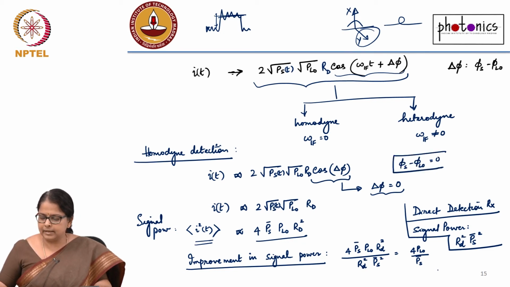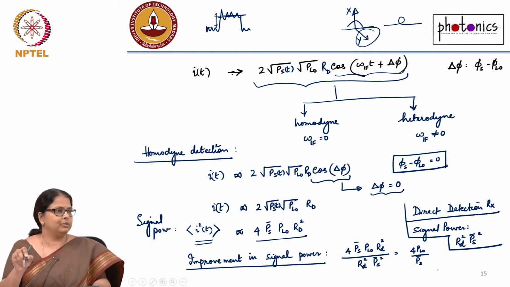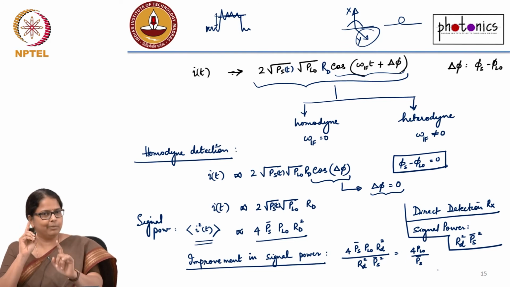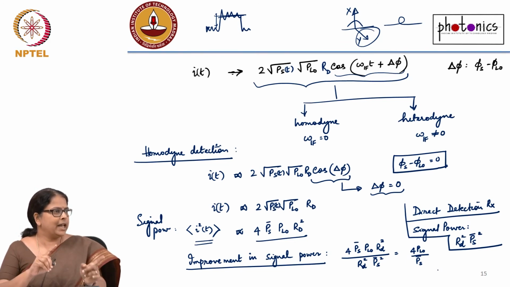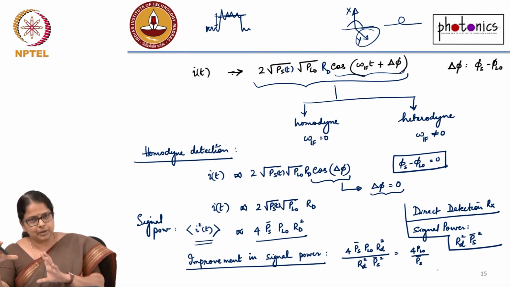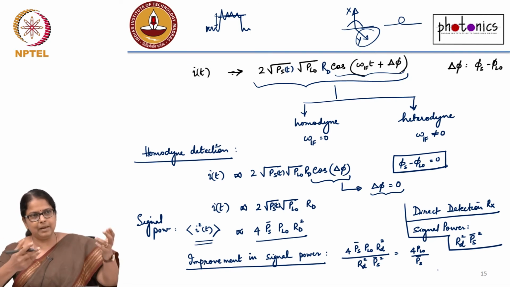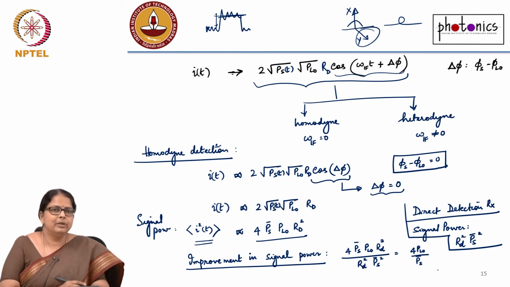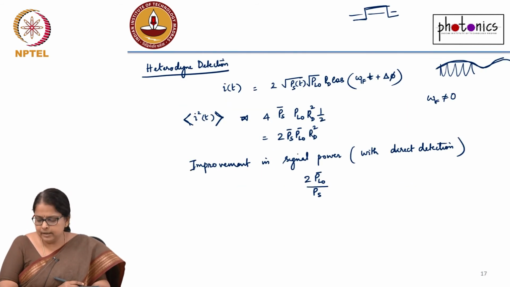That should be maintained as 0, which means you need to have a phase locked loop which locks not just the frequency but also the phase of oscillation of your local oscillator and your incoming signal, right. That is a difficult process, but if you can do that, you're getting a 3 dB benefit in terms of the sensitivity, in terms of the power that I'm able to get. But otherwise in heterodyne, you're getting an improvement in signal power this way.